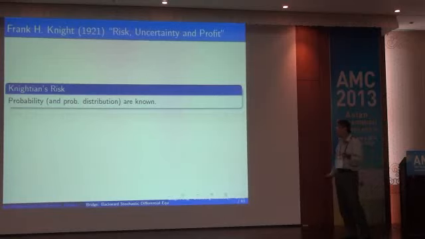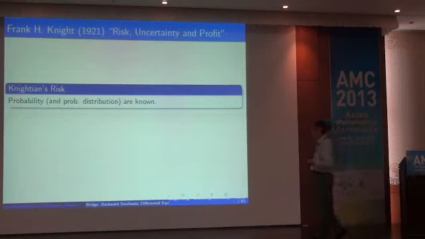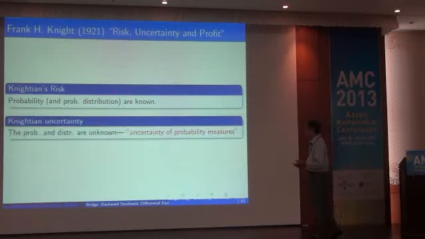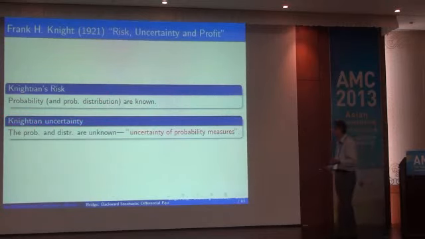He doesn't believe that people can really have a probability measure, and also for distribution. So what he called risk is when probability is known, while the so-called Knightian uncertainty he introduced is for the case where probability or distribution are unknown.